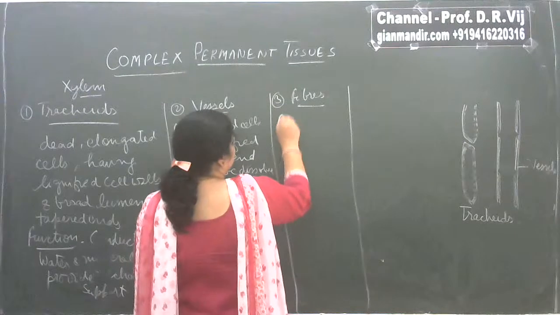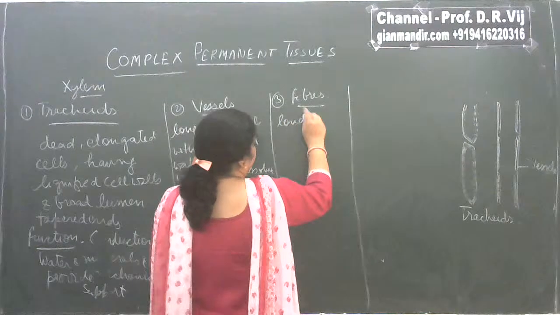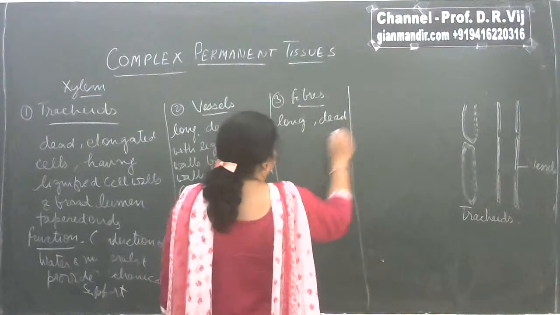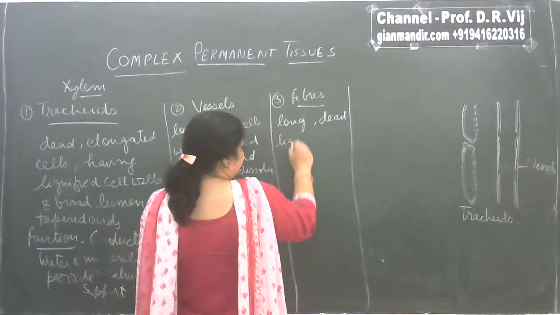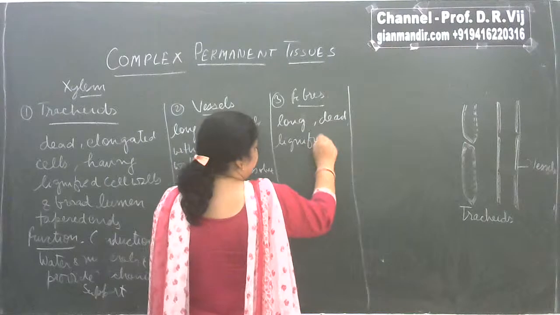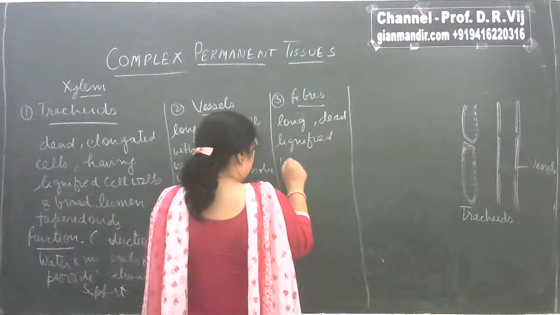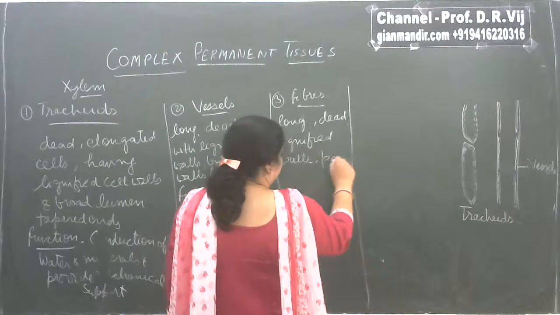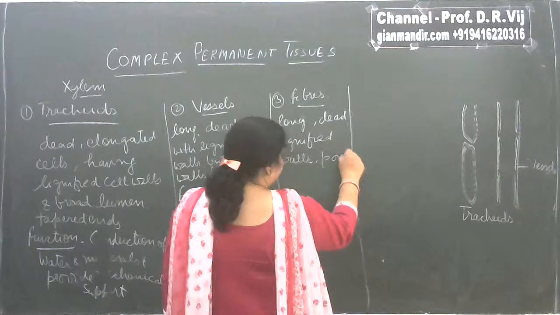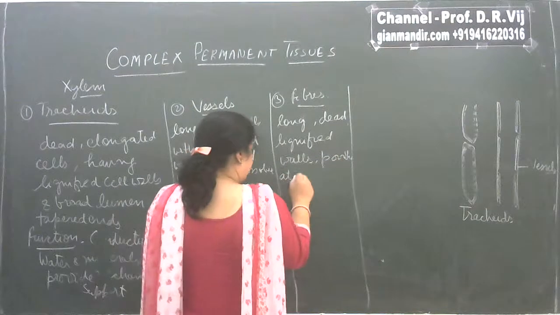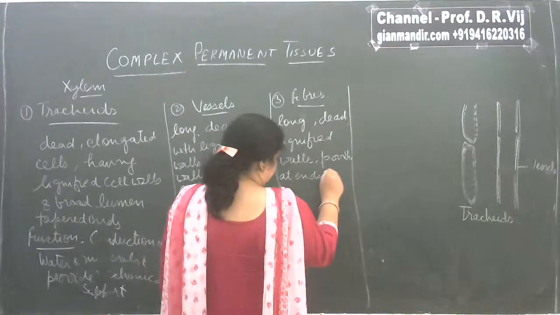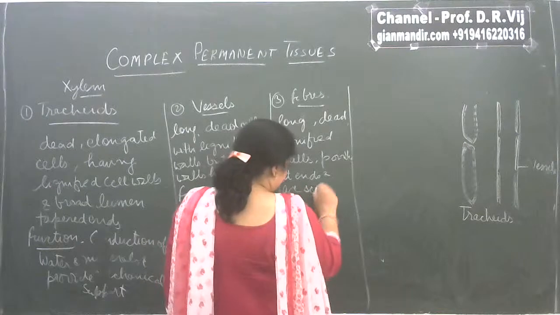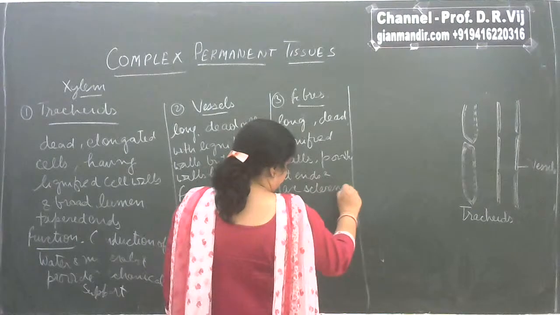These cells are also long, dead, having lignified walls, pointed at ends, and are basically sclerenchyma.